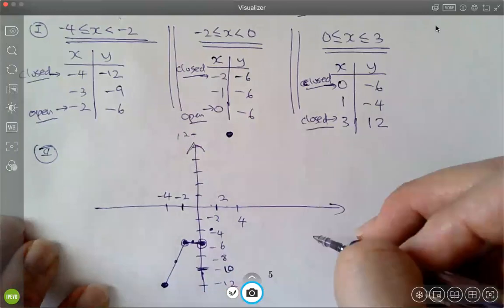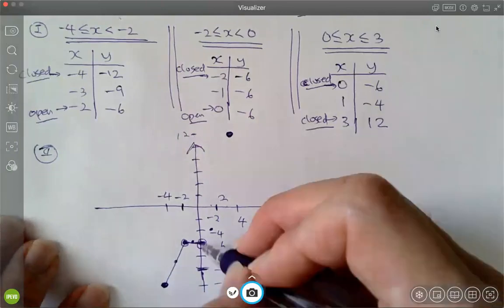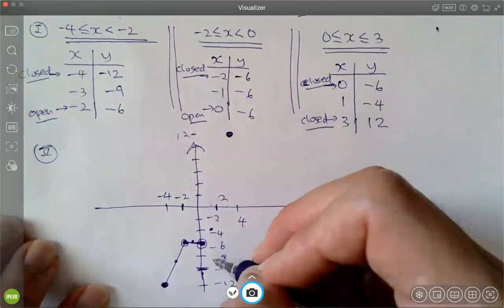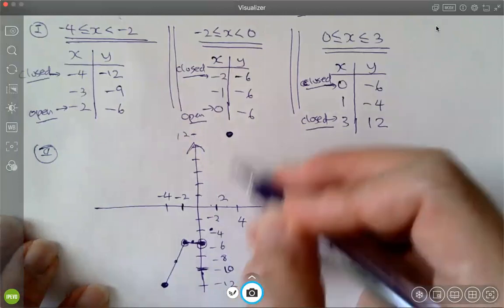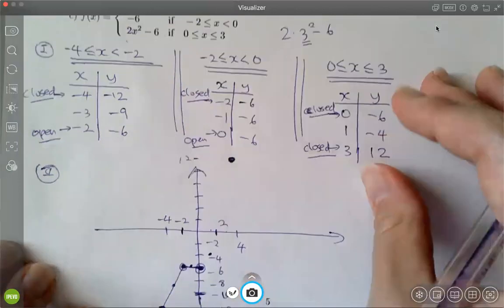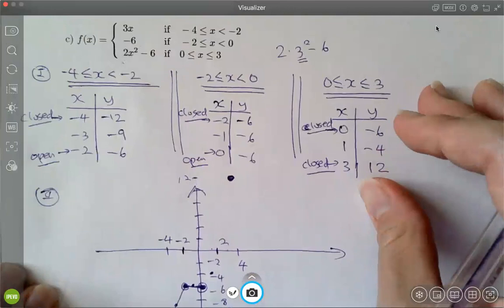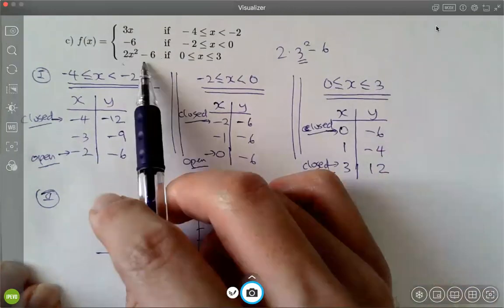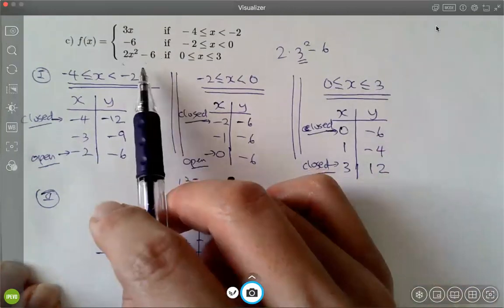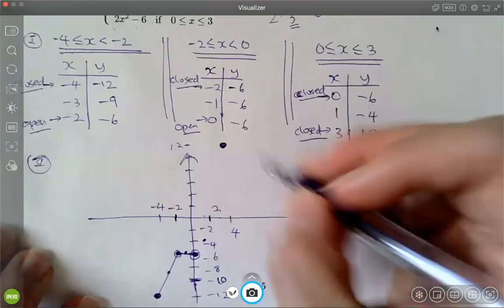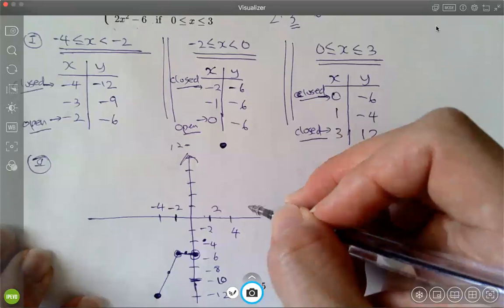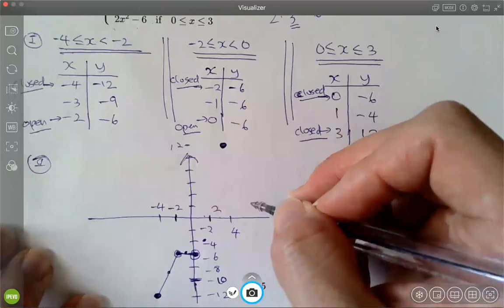Okay. And now the next 3 points, do they form a line? Is this a line? So it was 2x squared minus 6. So no, it's not a line, right? And based on how these 3 points are lined up, does it look kind of curvy? Is that even a word? I don't know.